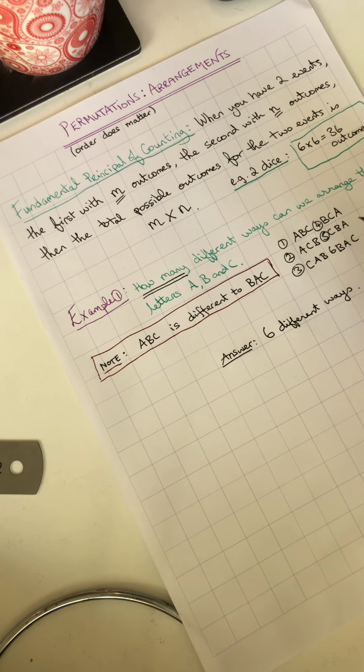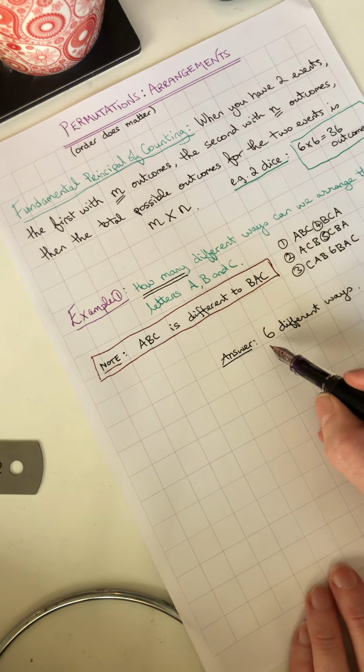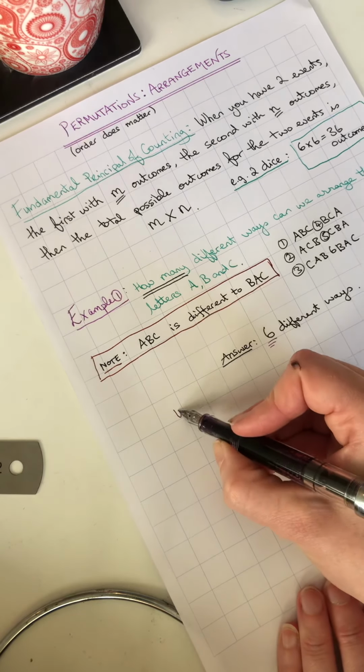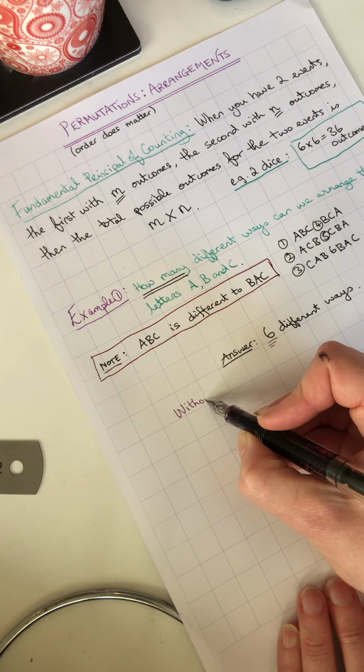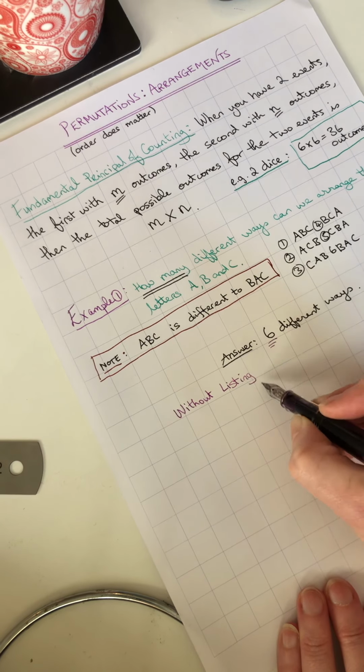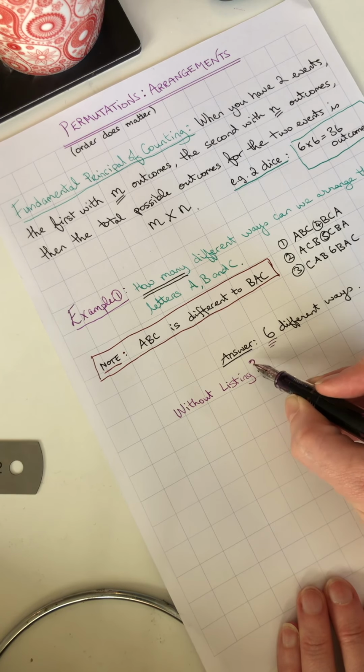As you can imagine, if we have lots more letters, this is going to get more and more difficult. So what we'd like is a method that can help us figure out what this number is going to be without having to list them out. So without listing. How are we going to do this without listing?